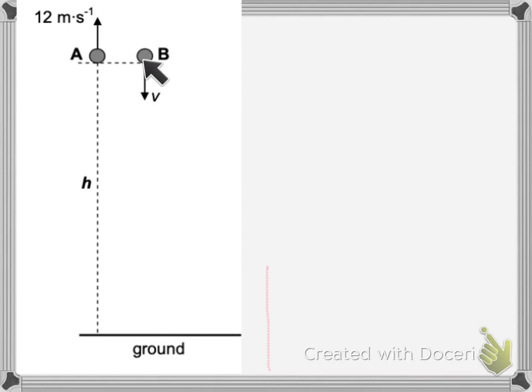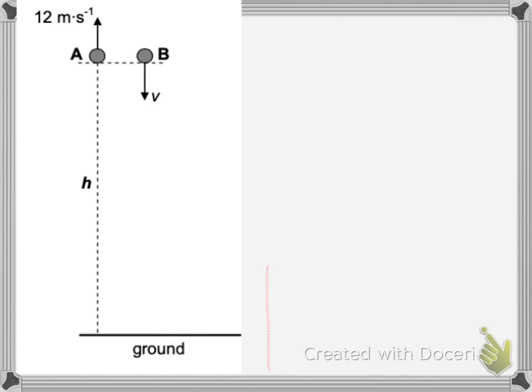But further to that, they give you some more information. As soon as ball A reaches its maximum point, wherever it is, ball B will reach a speed of 3v. So that's the information that they've given you.